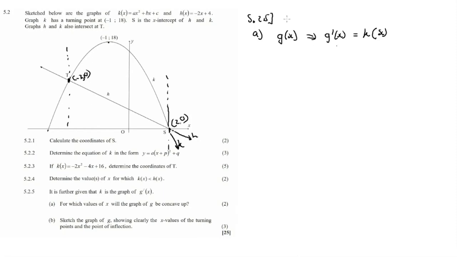So it means g of x was once a cubic function, so k is a parabola as a result of this cubic function being differentiated once. So k or g prime x is a parabola, but for which values of x will the graph of g be concave up?